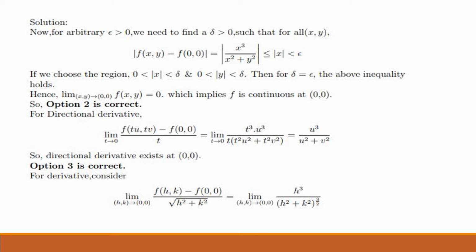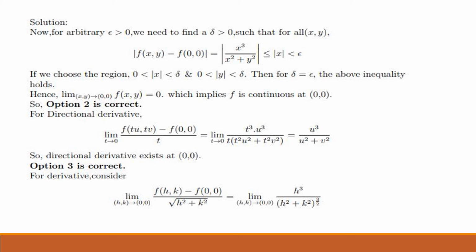So if we choose the region 0 less than mod x less than delta and 0 less than mod y less than delta, then for delta equal to epsilon, the above inequality holds. That means the limit as (x, y) goes to (0, 0) of f(x, y) equals 0, which implies f is always continuous at (0, 0). So option 2 is correct.